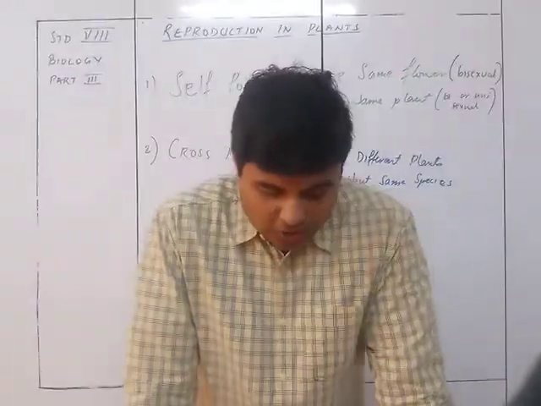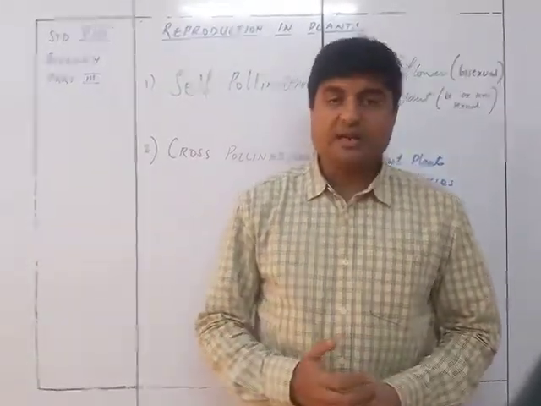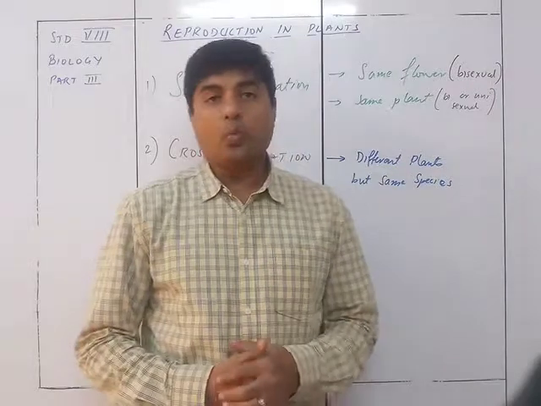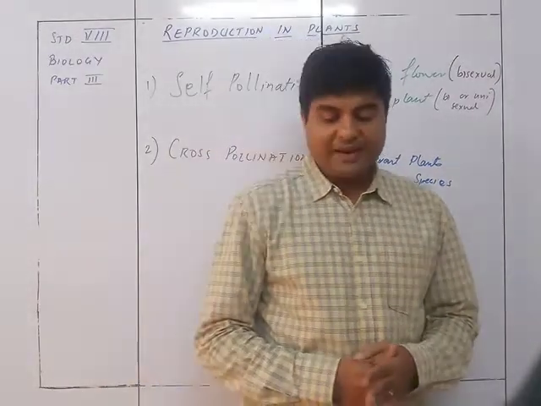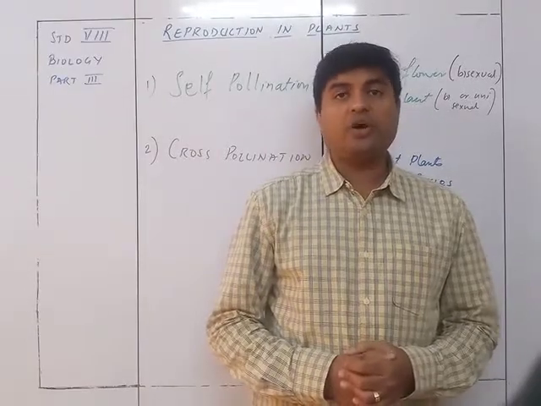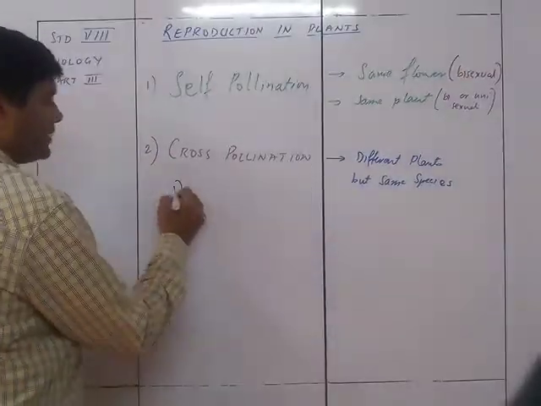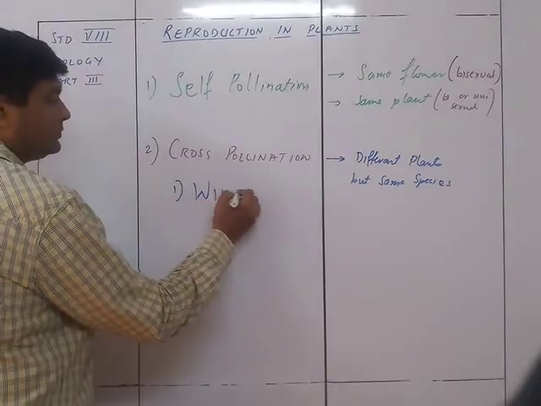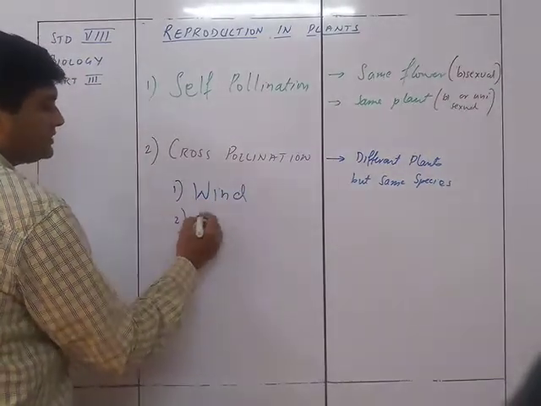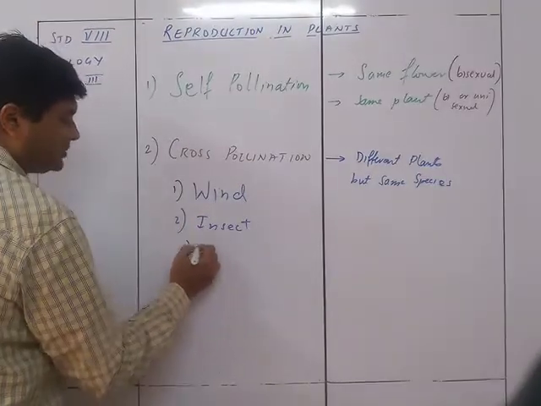Pollination can occur due to any of the following agencies: insect, wind and water. So these are the three agents of pollination. Cross-pollination has three agents: the first one is wind, the second one is insects, and the third one is water.